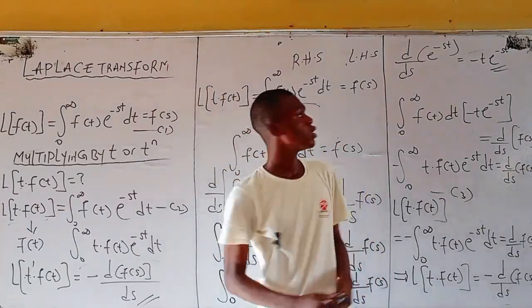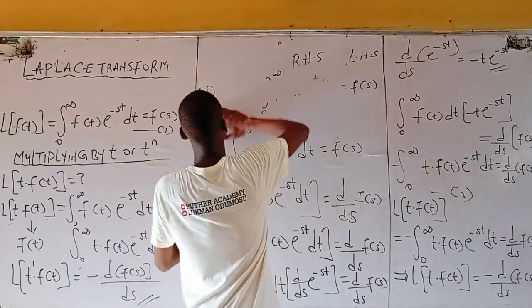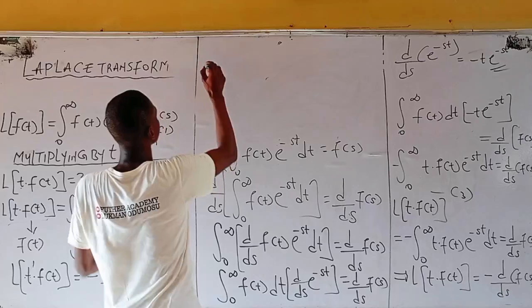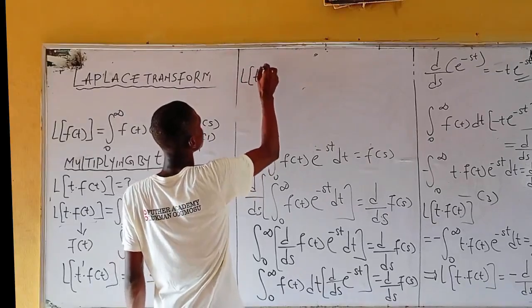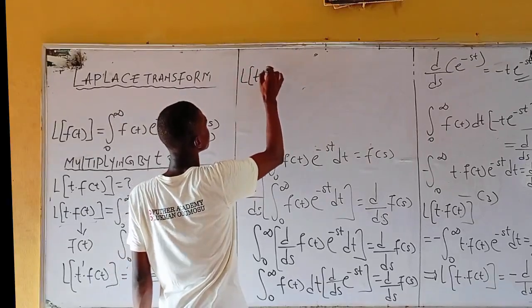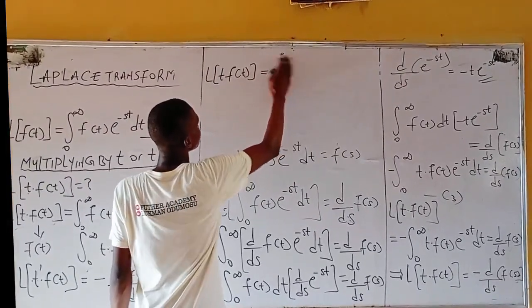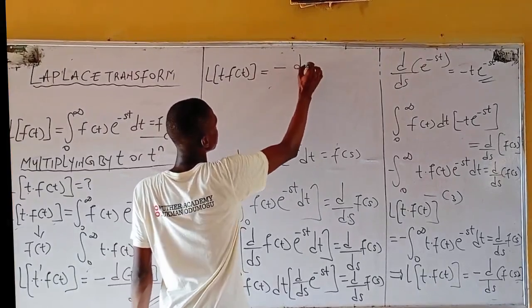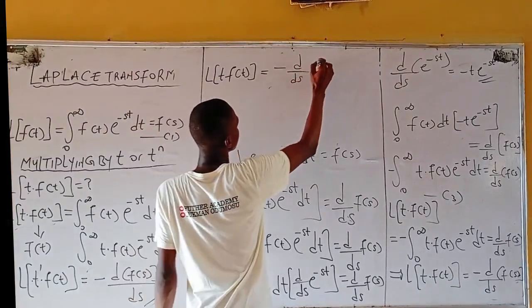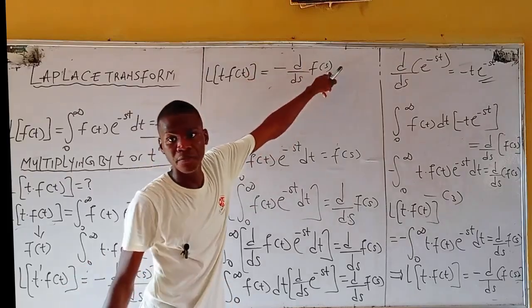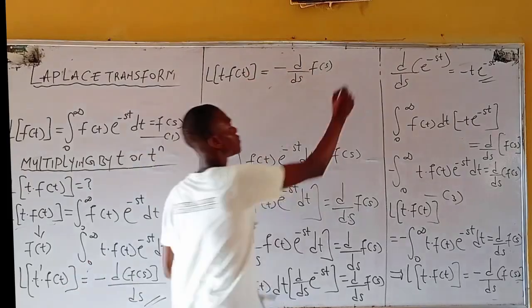So generally, we can now write that the Laplace transform of t multiplying f of t is equal to negative d over dx multiplying f of x, meaning the derivative of f of x with respect to x. This is the first one.